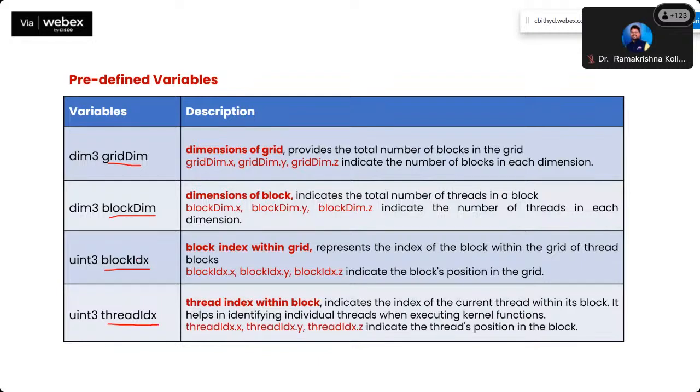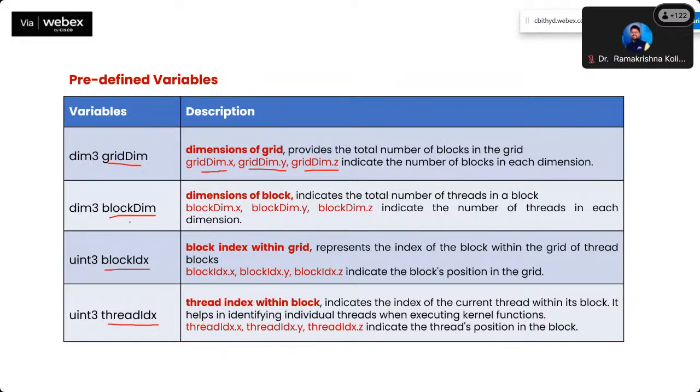These are the predefined variables. gridDim basically gives the idea about the dimensions of the grid, and it provides the total number of blocks in the grid, and you can find out the dimension individually in the x direction, y direction, and z direction. So this tells you how many blocks are available in a particular direction or dimension.